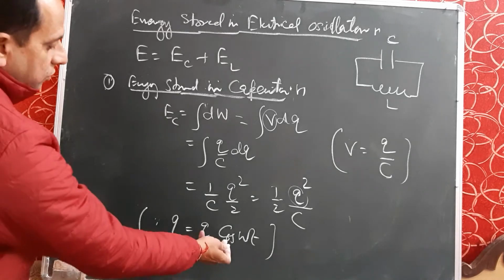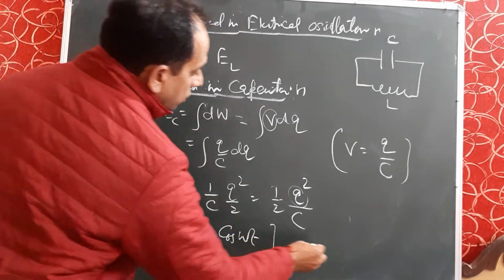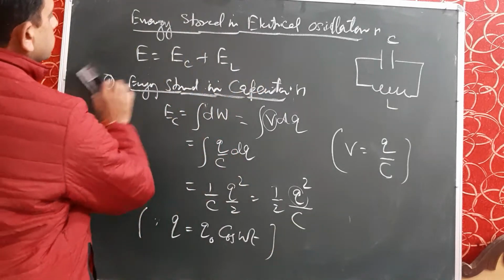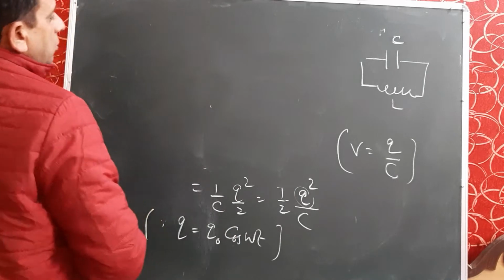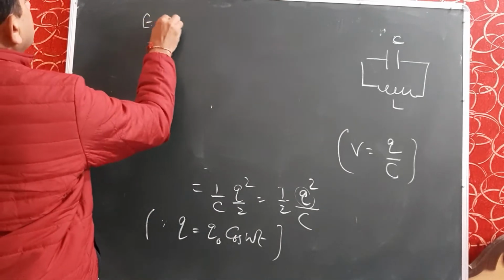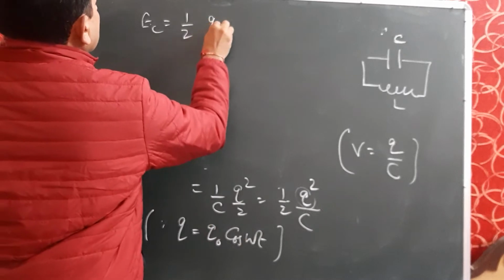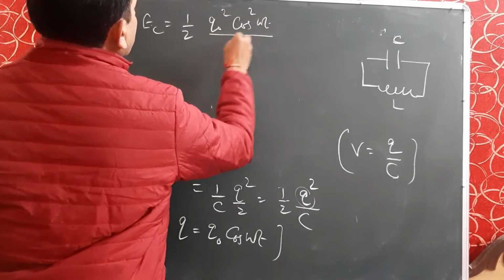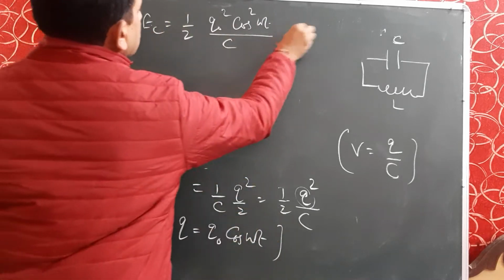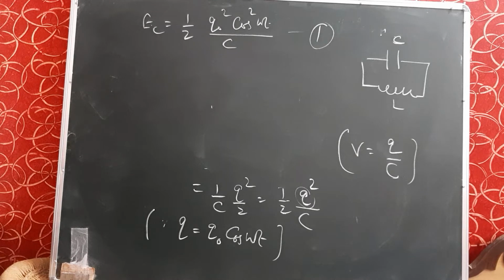I have used this cos because it is a harmonic function. Therefore, energy stored in capacitor will become EC is equal to half into Q naught square cos square omega t over C. So, this is the first equation, for energy stored in capacitor.